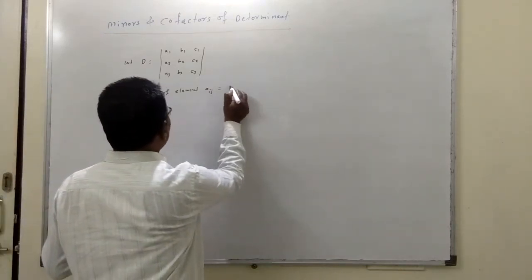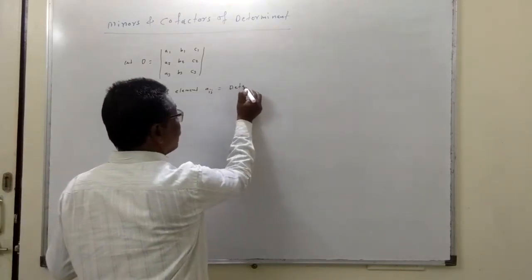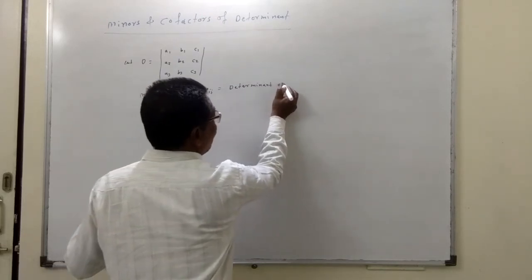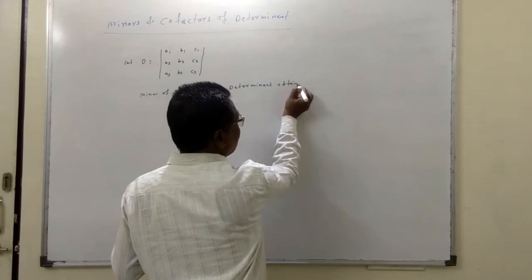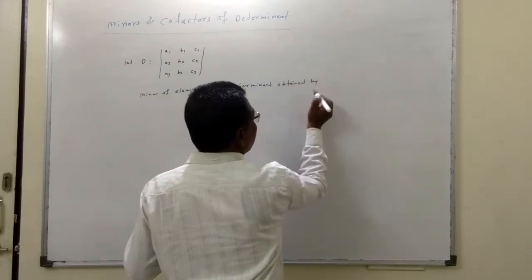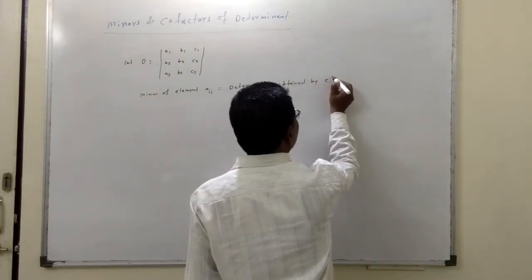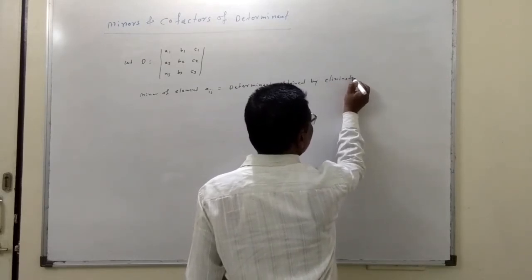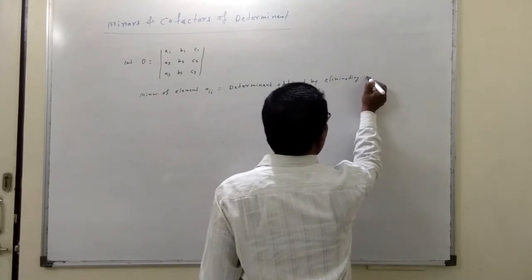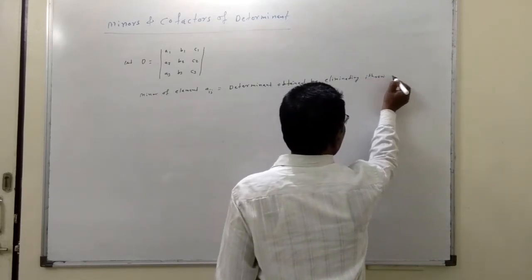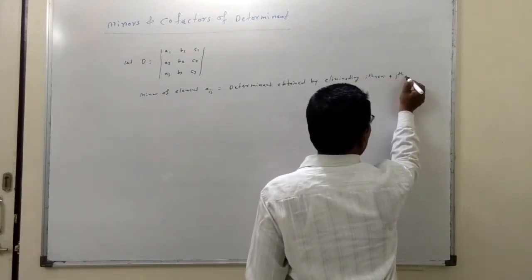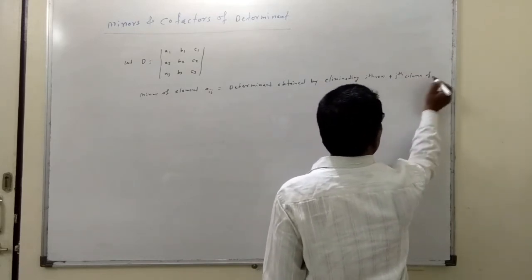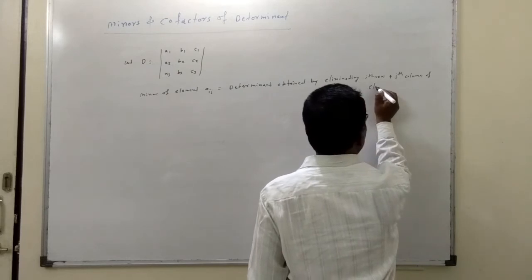The minor is equal to the determinant obtained by eliminating the ith row and jth column of the element Aij.